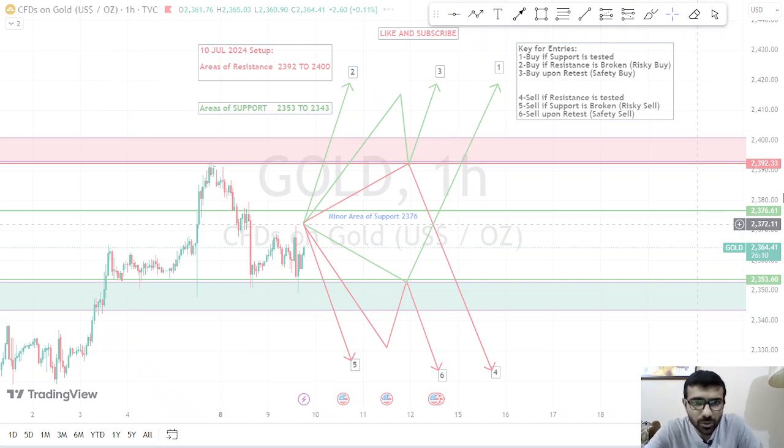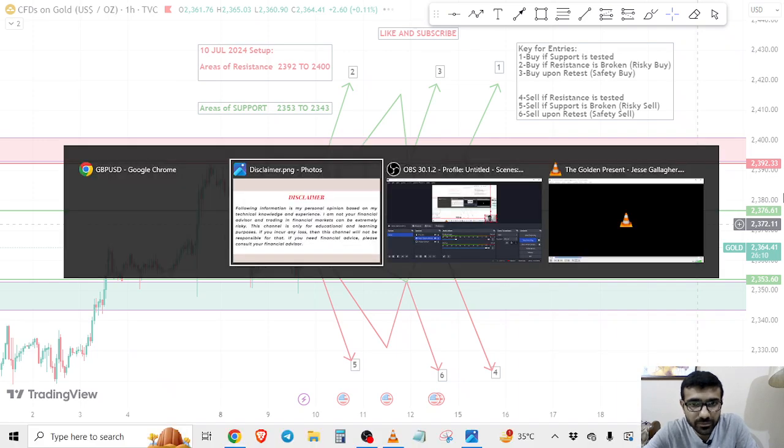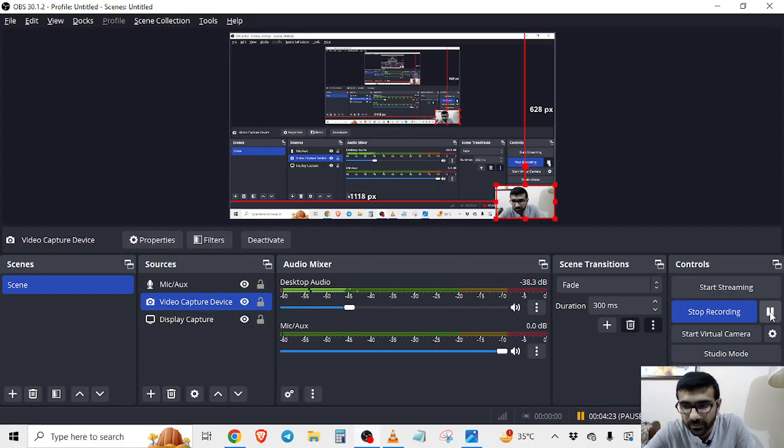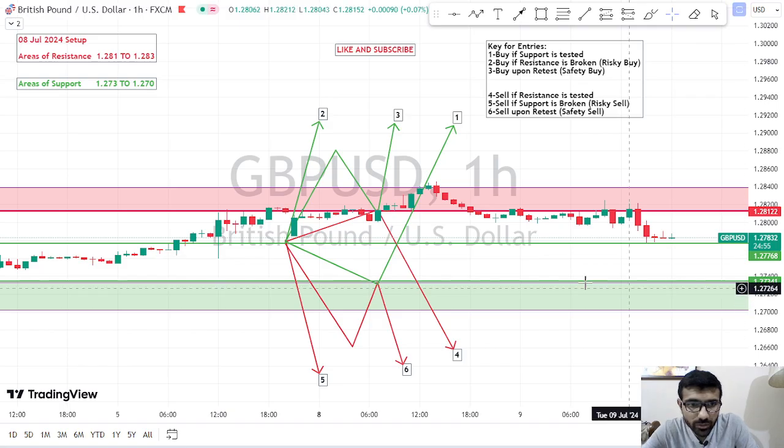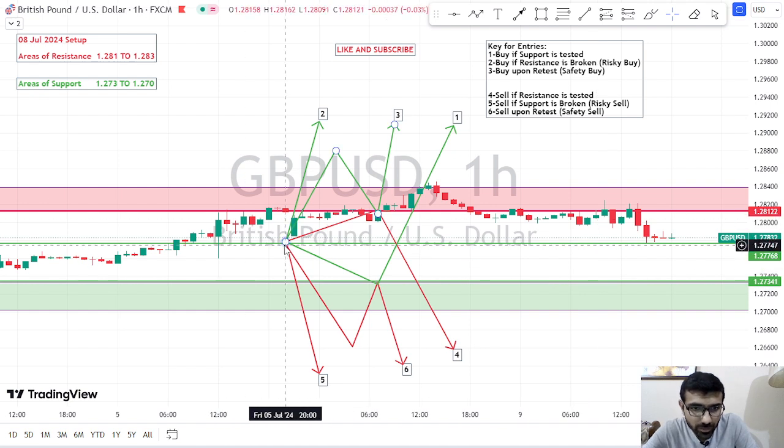Okay, so let us just wait for a little while and let the chart get loaded. Okay, so when we were discussing the GBP USD market previously, market was trading over here, and then market created this CME gap, and then market filled this gap in the very next candle, and then market gave us a few selling opportunities.